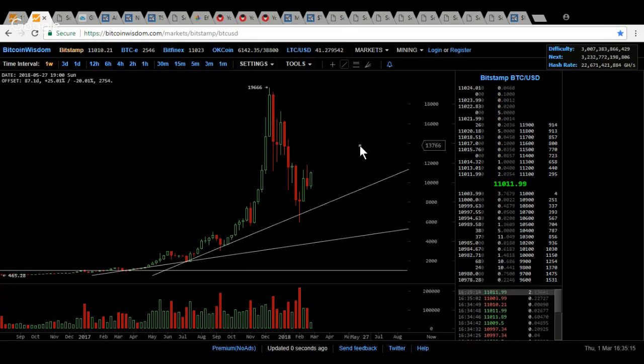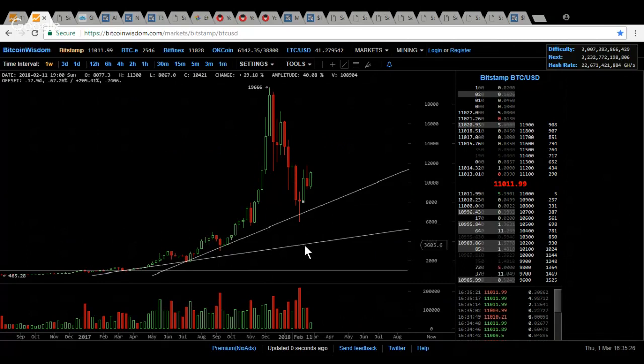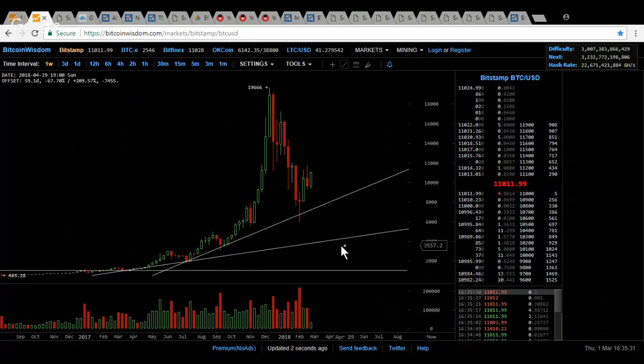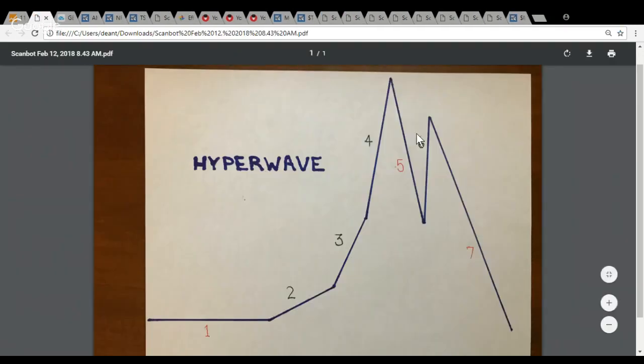But it gives us a clue why we could drop through the phase 3 line on Bitcoin and come down to the phase 2 line where GBTC is already sitting. So that's my first example of an exception or something funky or unusual about what should be a very standardized model.